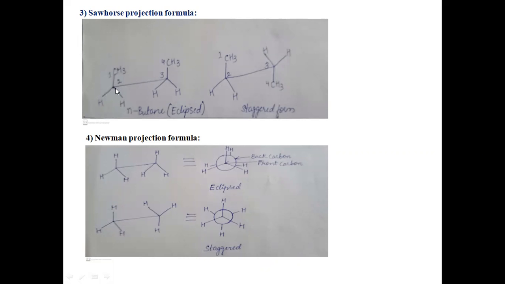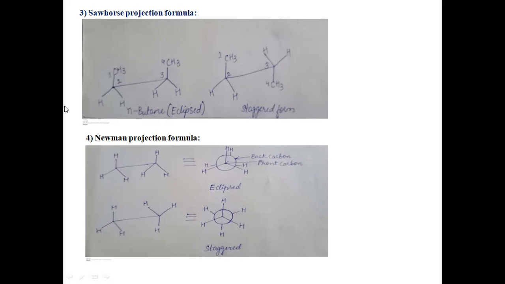This representation gives us information regarding these groups attached to the two carbon atoms, and these groups can be freely rotated either in the clockwise or anti-clockwise direction. Here you will be observing two types of forms: one is the eclipsed form, another one is the staggered form.